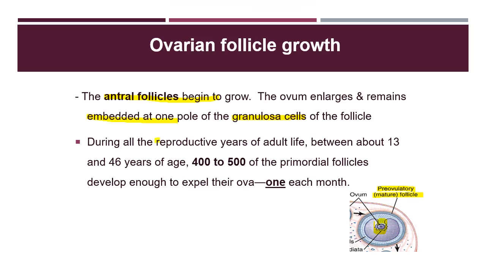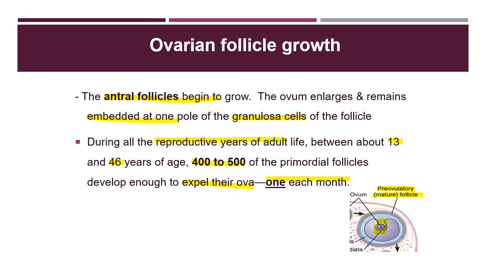During all the reproductive years of a female adult, between 13 to 46 years of age, which is the reproductive age of most women, there will be 400 to 500 primordial follicles developed during these years to expel their ova, one each month.